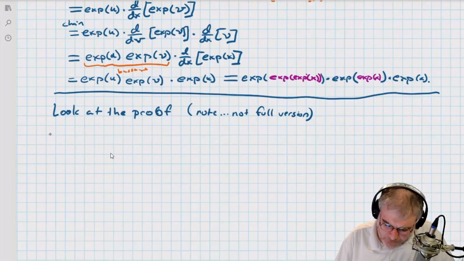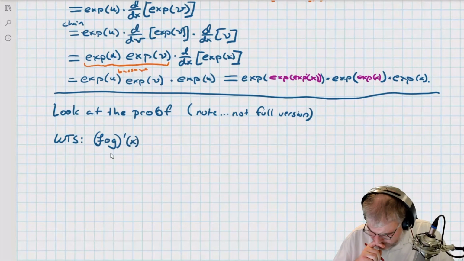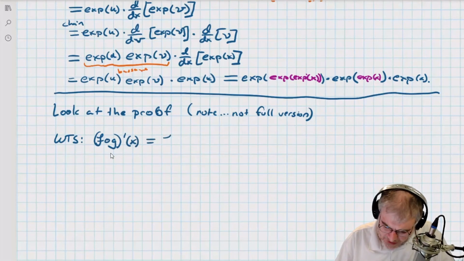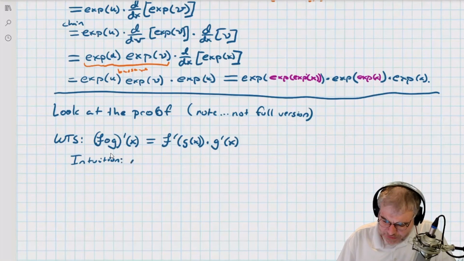So I want to show that f of g prime of x equals f prime of g of x times g prime of x. So my intuition is exactly what you'd think.